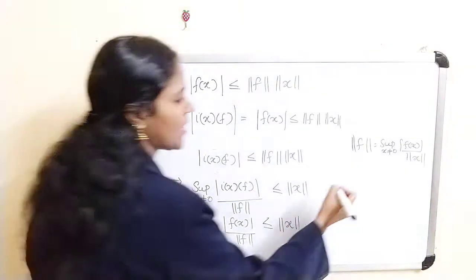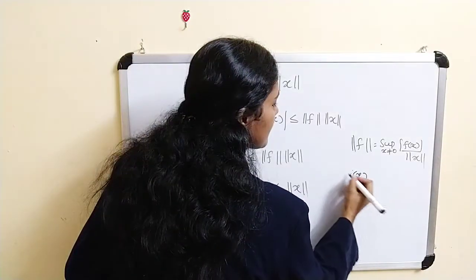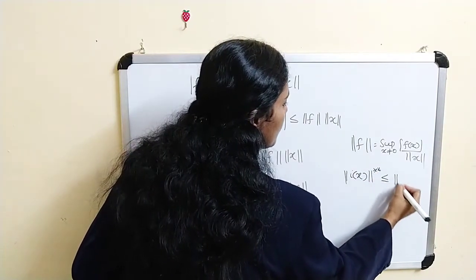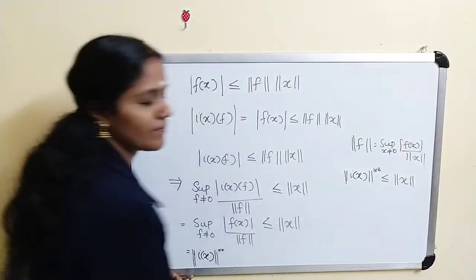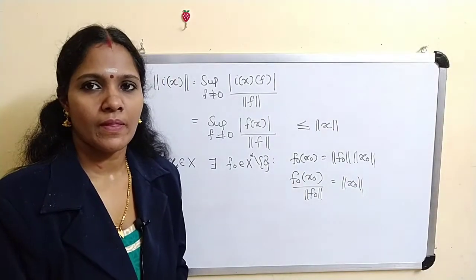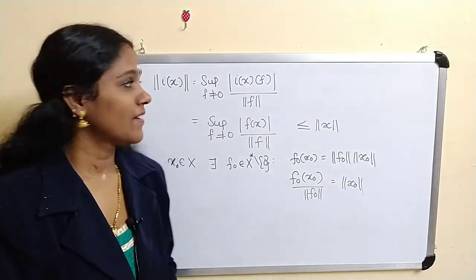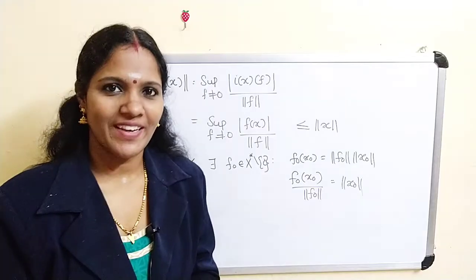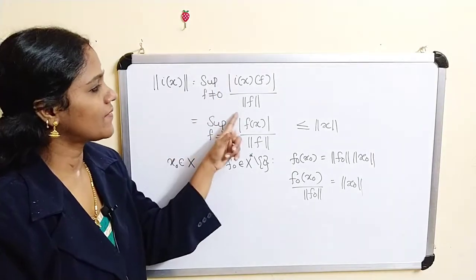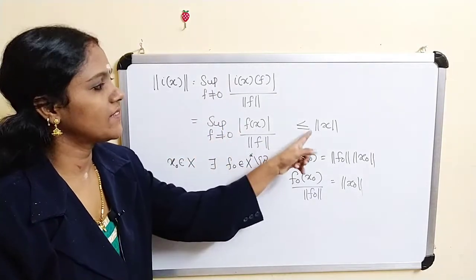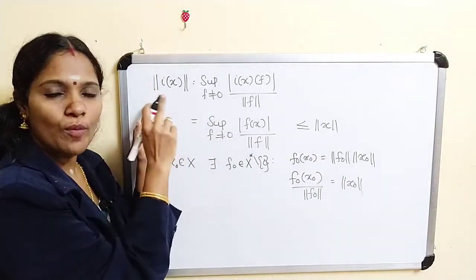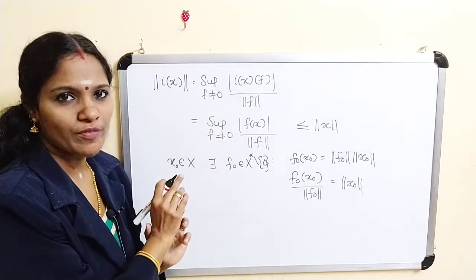This implies norm of I of x under x double star is less than or equal to norm of x. Okay, now we have I of x equal to this one, and this is less than or equal to norm of x. This is what we have proved: norm of I of x is less than or equal to norm of x.